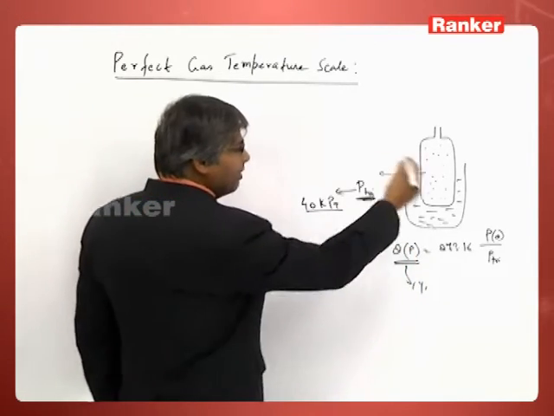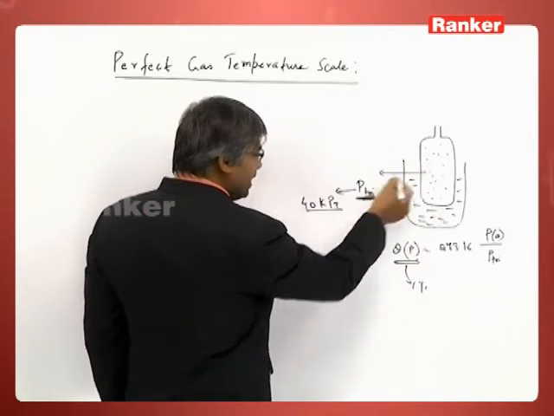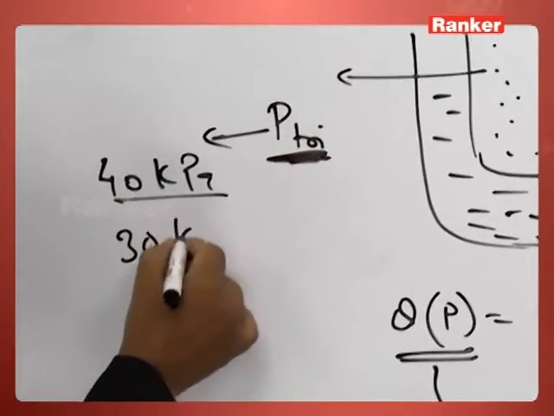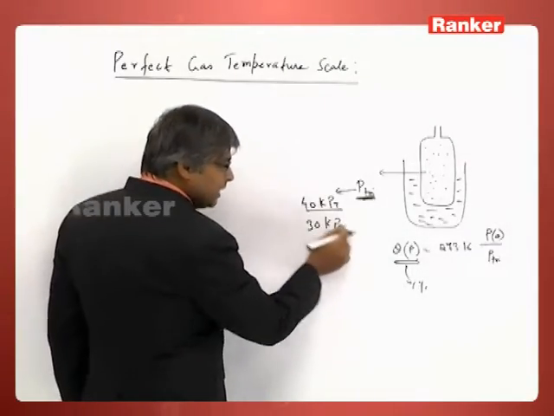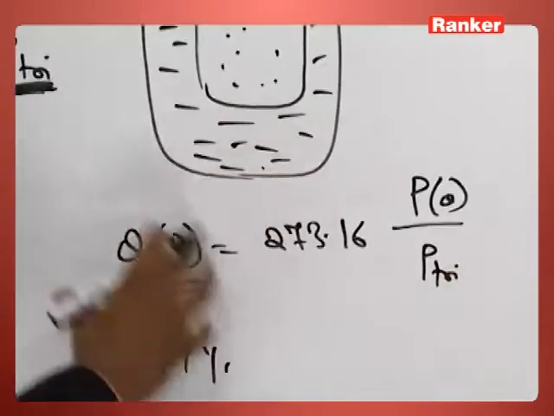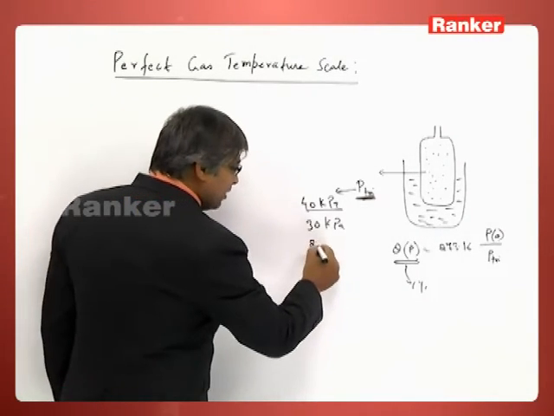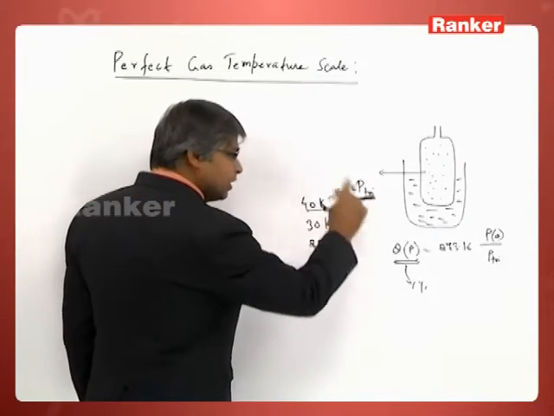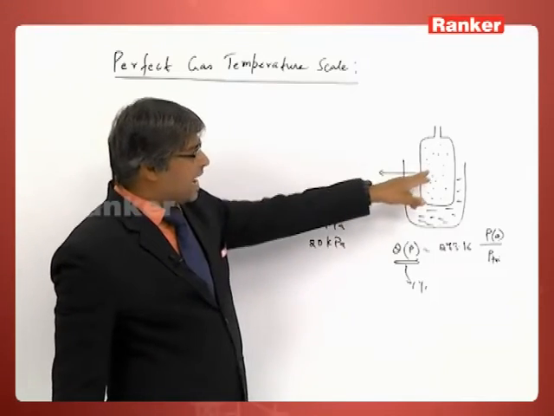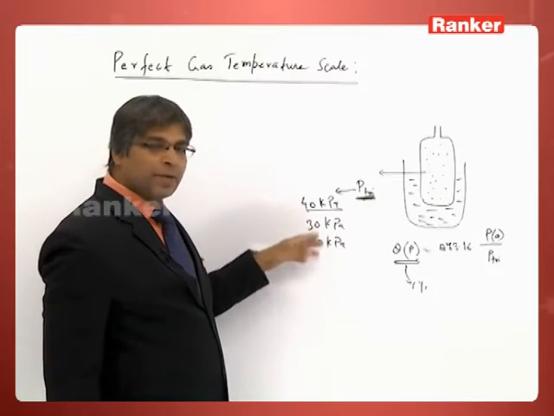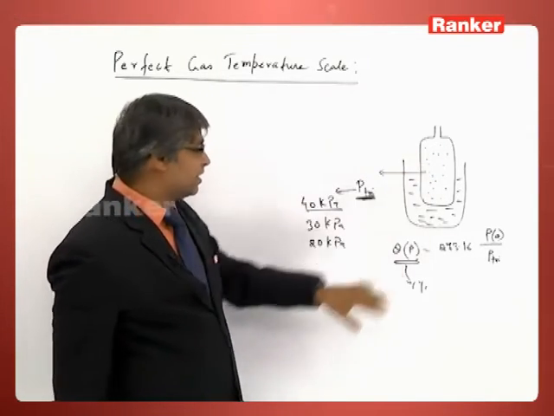Next, I will do the same experiment with P triple reduced to 30 kilopascal. If I reduce this, then theta will also get reduced, and finally again I will get a theta value. Each time, the pressure of the gas at the triple point is reduced.